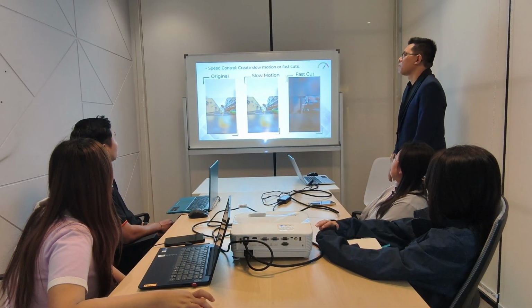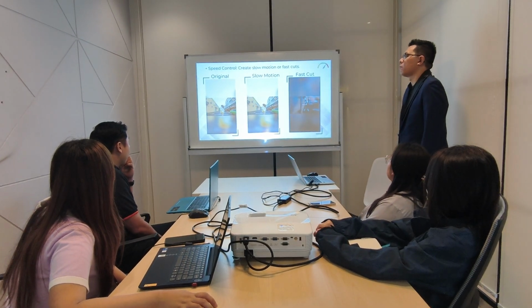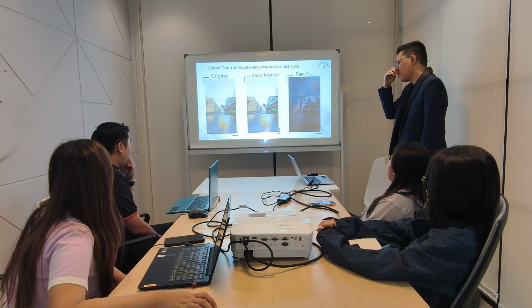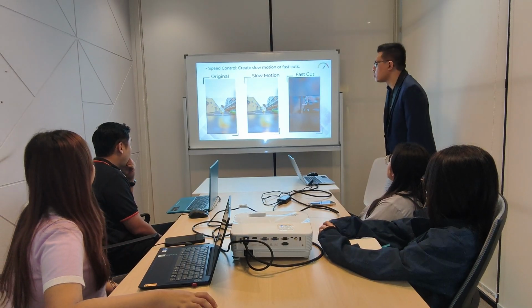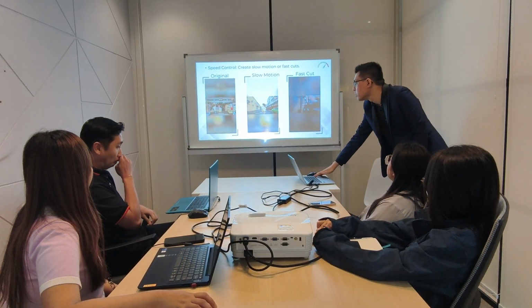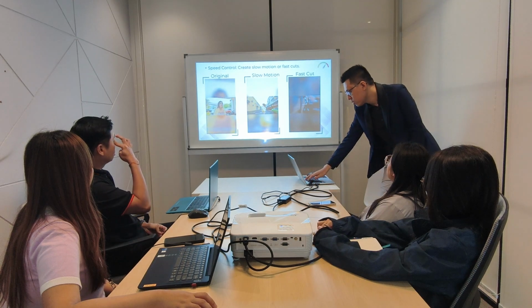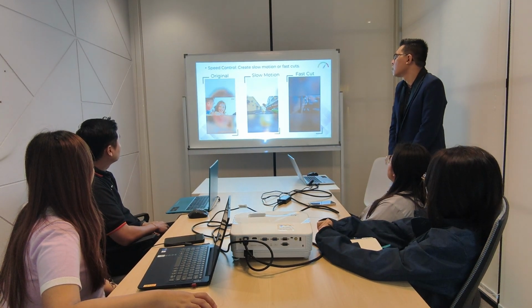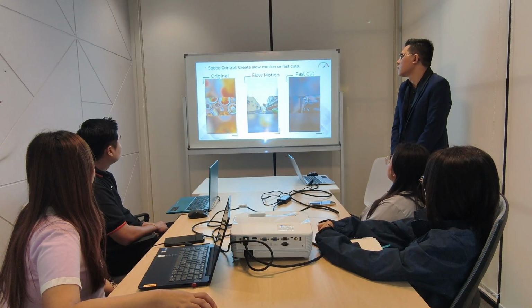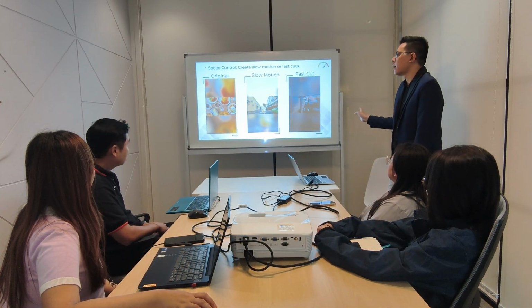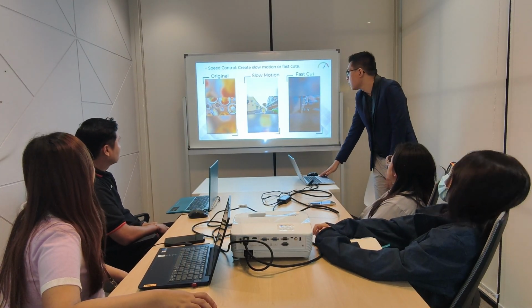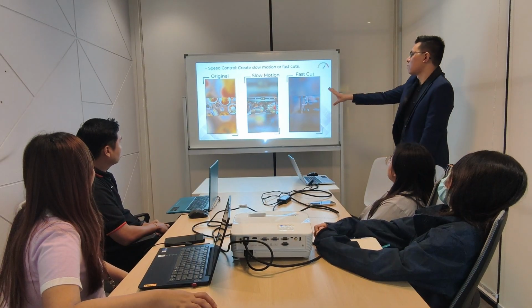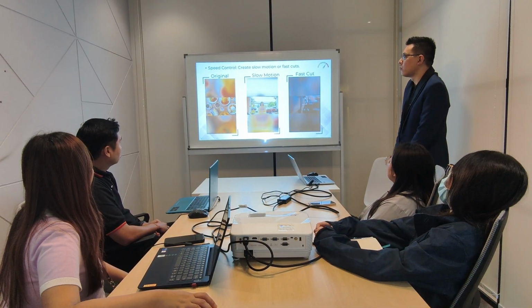Okay, so speed control is also one of the main elements in video editing. You can see these 3 samples. The first one is original. This is the normal speed one. The second, you can see the people running, but it becomes very slow.